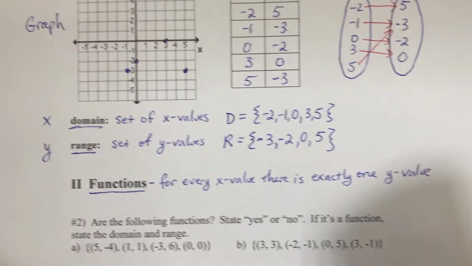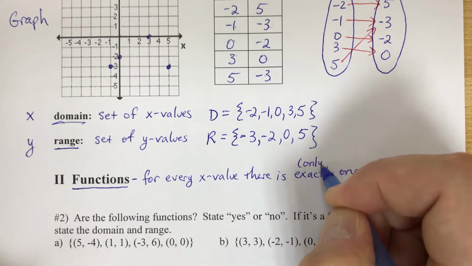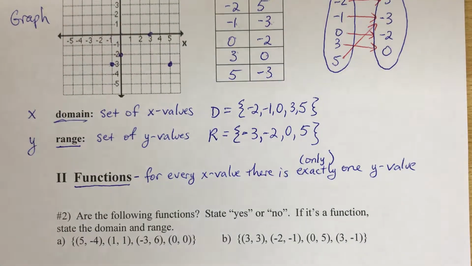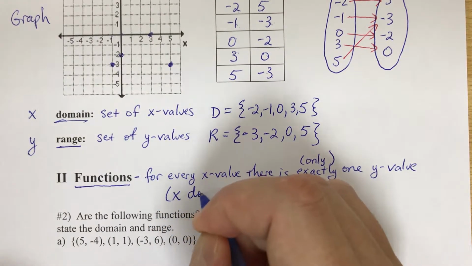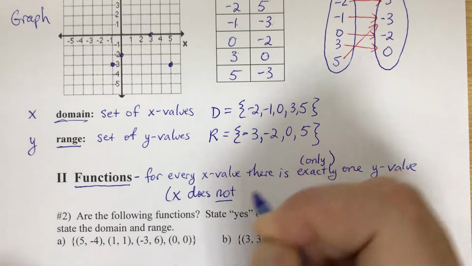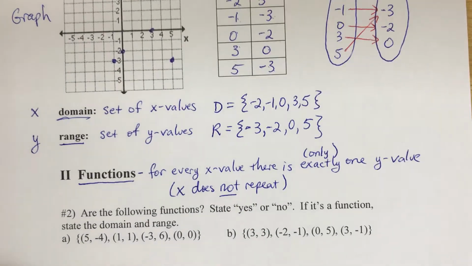For every x value, there is exactly, another word that I could use is only one y value. Basically what this says is that x does not repeat. The x value cannot repeat.